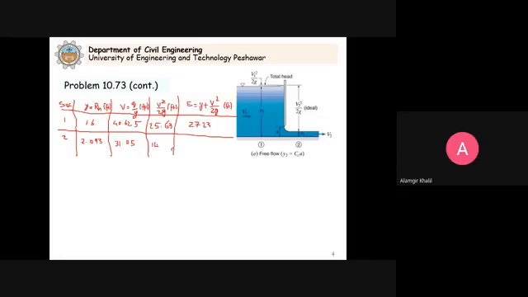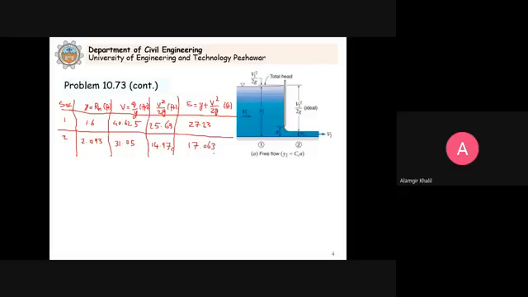As you can see, the depth increases, so the velocity decreases, so that the same discharge is maintained, because discharge is steady flow. Then we calculate the specific energy. This comes out to be 17.063.